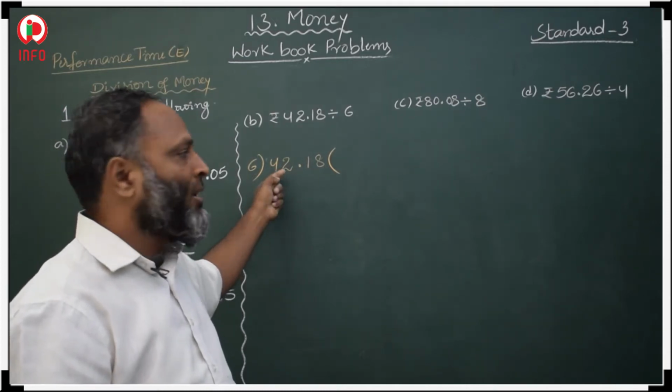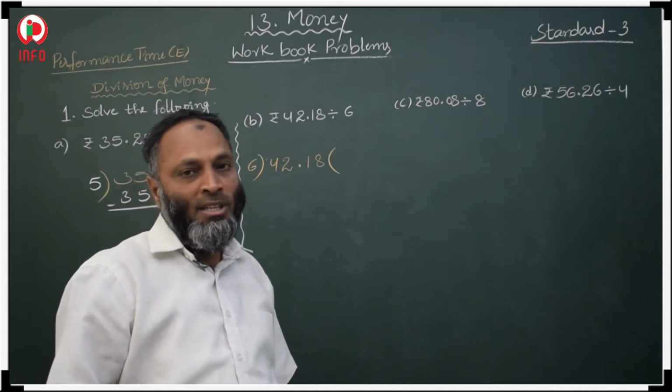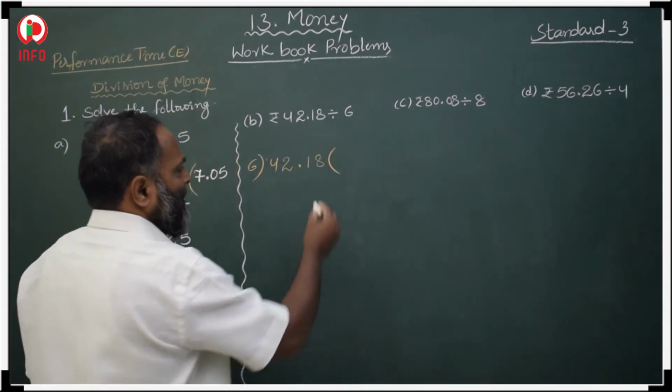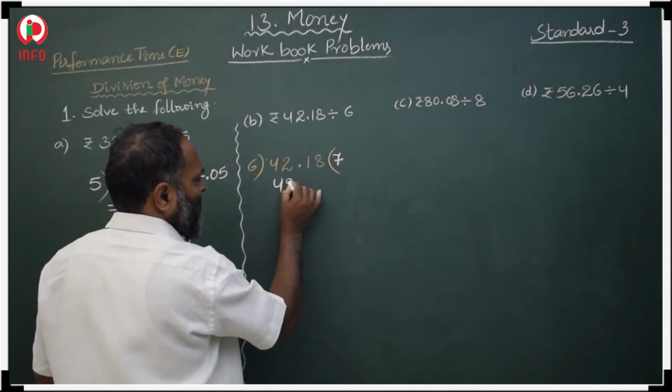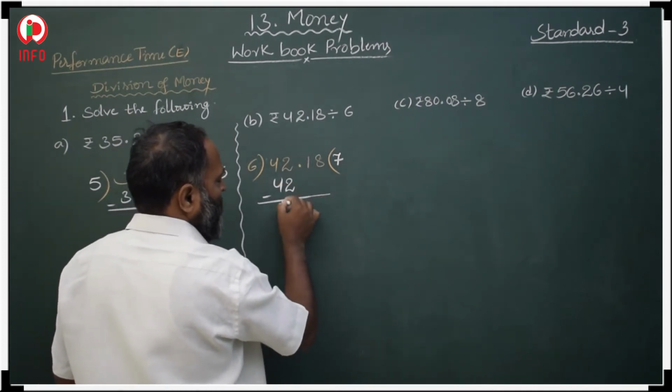Then when will you get 42 in 6 table? 6 5s are 30, 6 6s are 36, 6 7s are 42. Then 42 minus 42 is 0, so no need to write that 0.